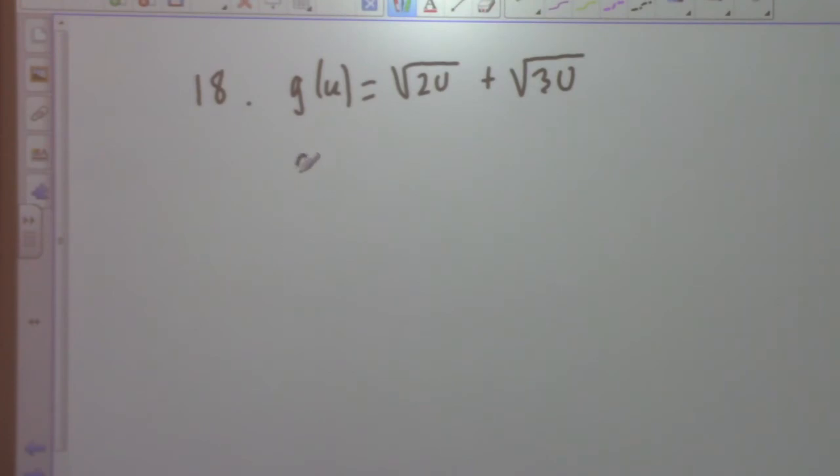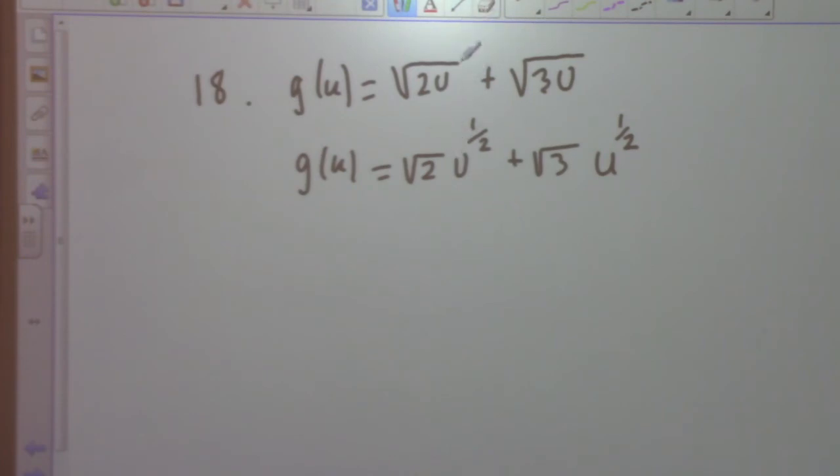I'm going to rewrite this as g of u equals square root of 2, u to the 1/2 power, plus square root of 3, u to the 1/2 power. Does that make sense? Is the u to the 1/2 on the first one because it's not under the radical? Oh, sorry, yeah, the wrong one. Thank you for catching that.